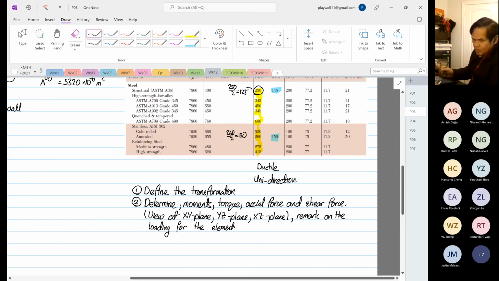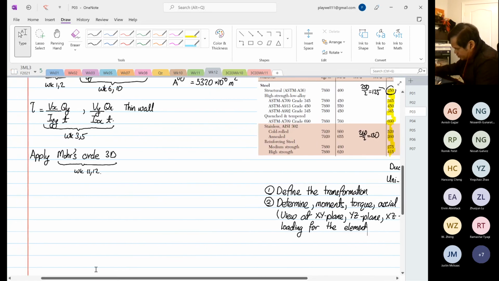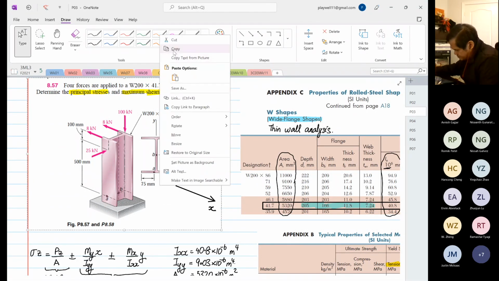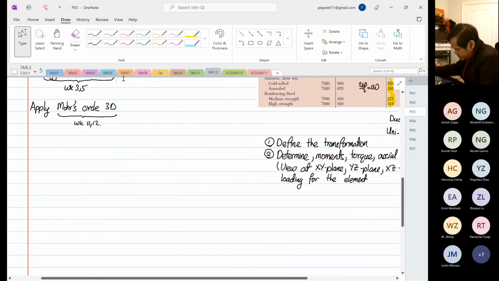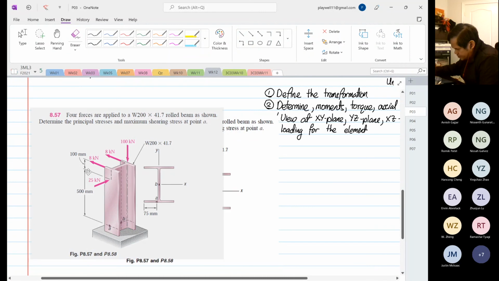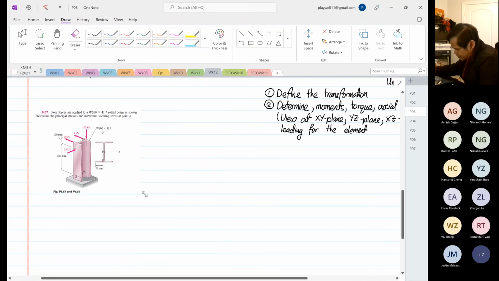Okay, so over here, we are only going to focus on element A, but I will do both element A and element B. So here we go. I'm going to copy this diagram and paste it because I need it to help me do my analysis. I'm going to make it small.